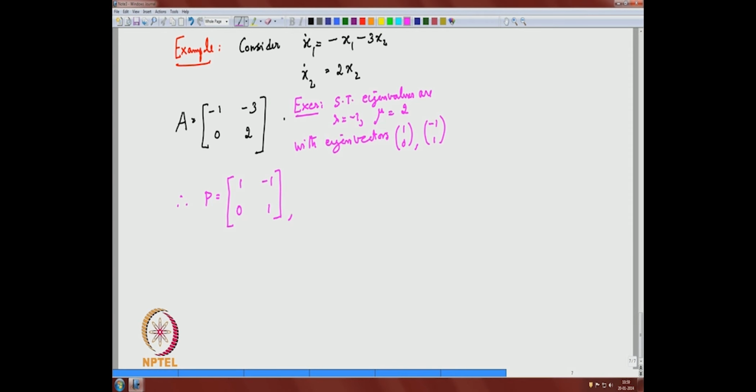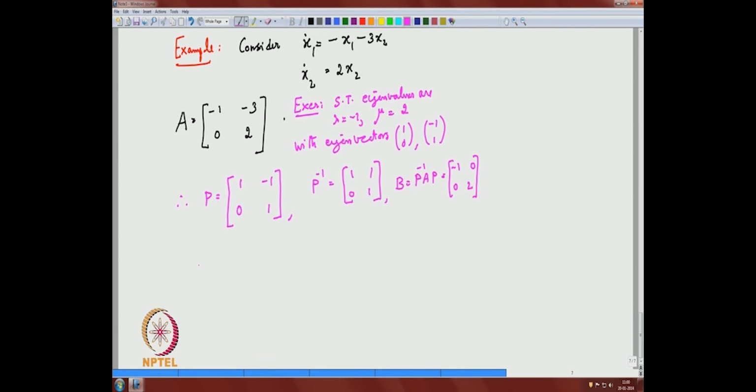Compute P inverse: P inverse is nothing but 1 1 0 1, and that will give you your B equal to P inverse A P, which is of the form minus 1 0 0 2, and that is a diagonal system as expected, because you have two distinct eigenvalues.